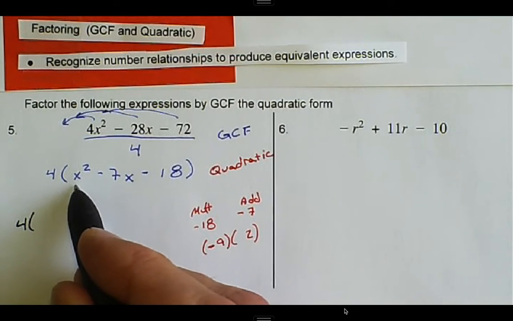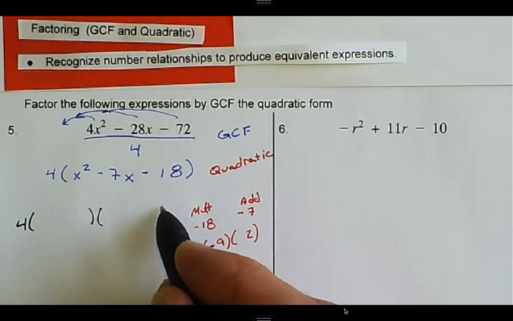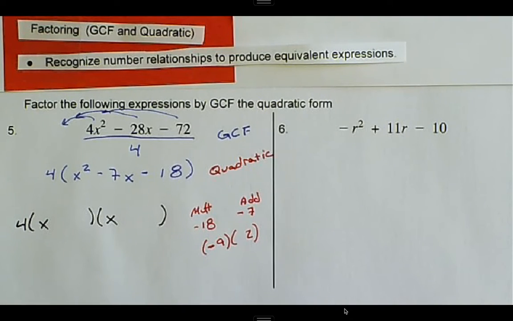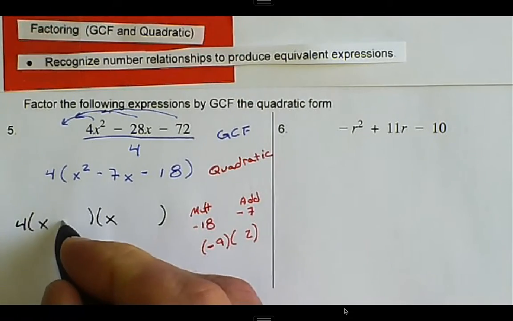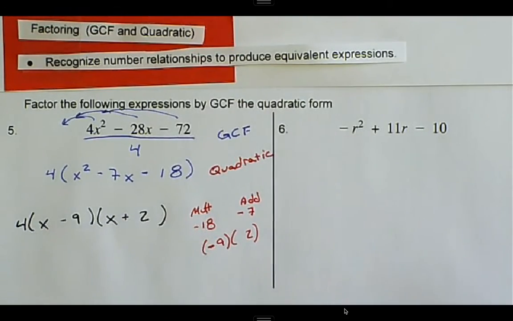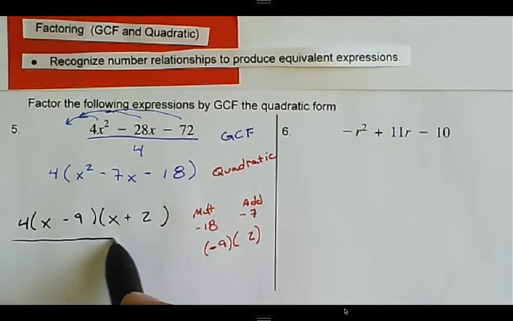The two terms that multiply together to get x squared, in this case, are going to be x and x because we have a lead coefficient of 1. And then we have a minus 9 and a plus 2. So this is the answer that we're looking for right here.